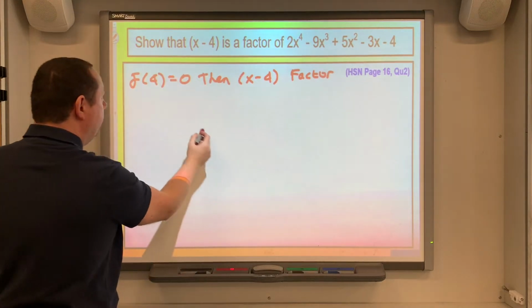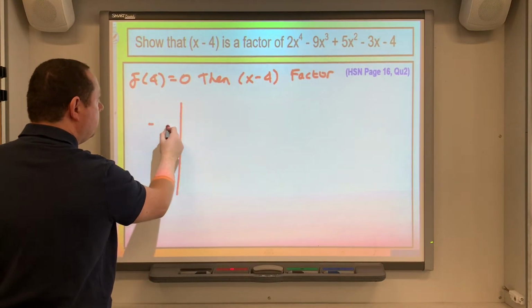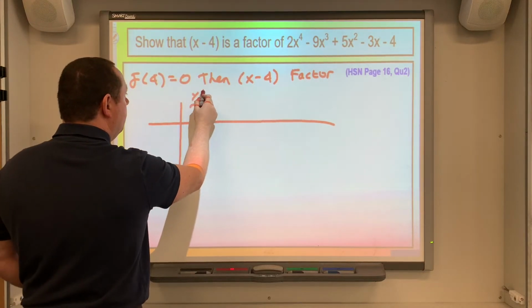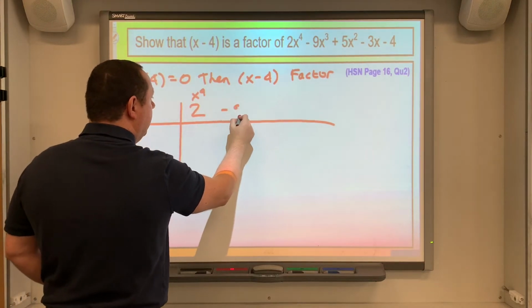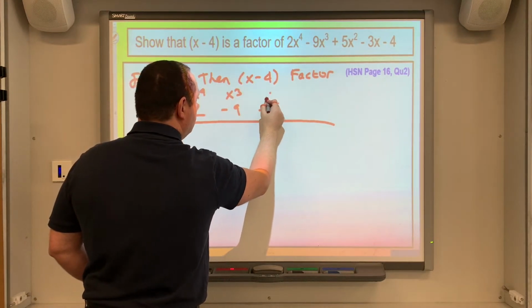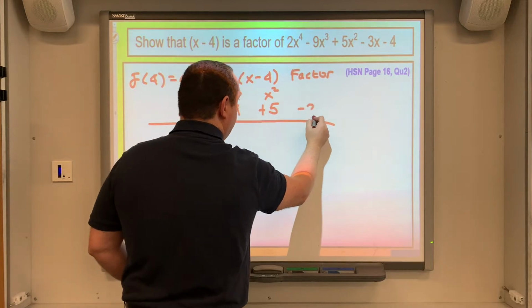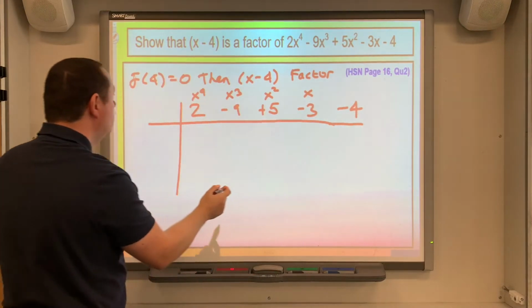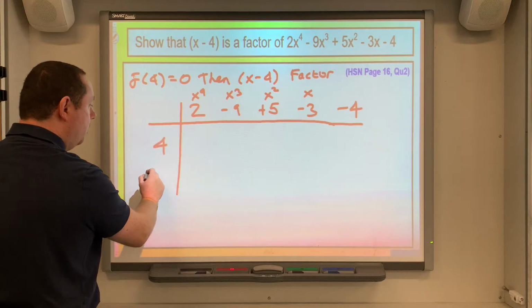So working out f of 4, we've got 2x to the 4 minus 9x cubed plus 5x squared minus 3x and then minus 4, and we're substituting 4 into the polynomial.